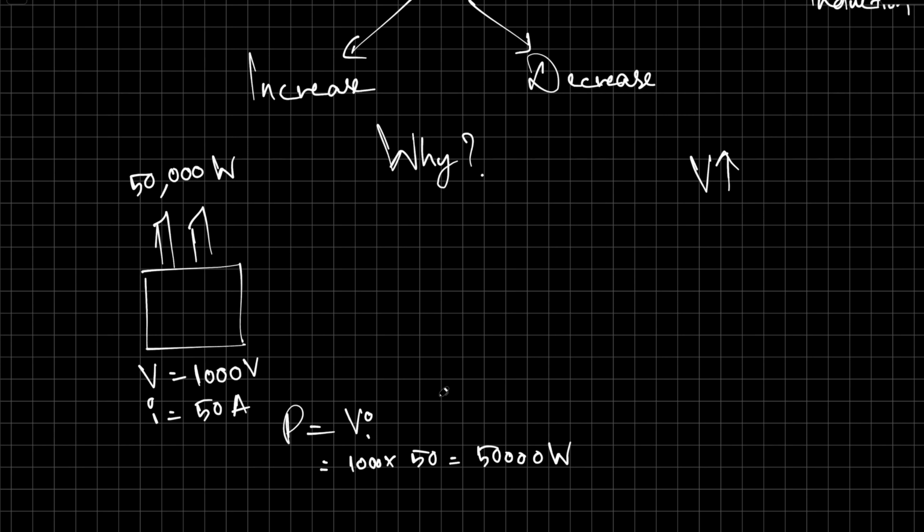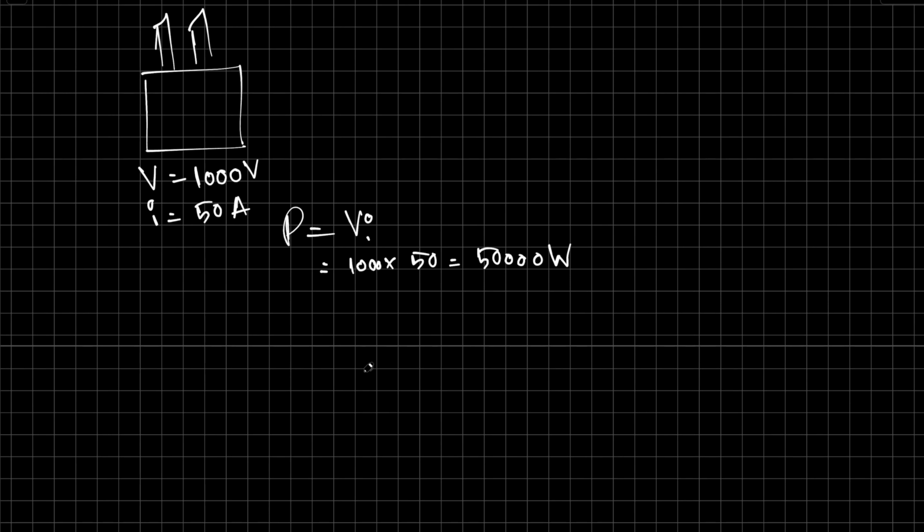But if you transfer the power at low voltages, you would end up with a lot of energy loss. How can we reduce this energy loss? Energy loss is mainly in the form of heat. The equation for heat energy is E equals I squared RT, where I is current, R is resistance, T is time.